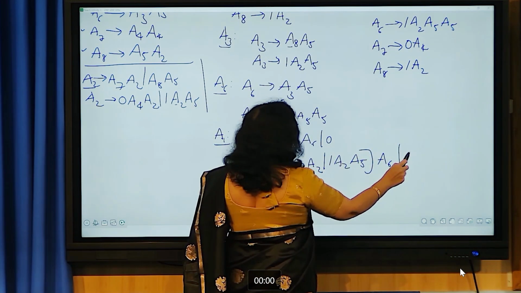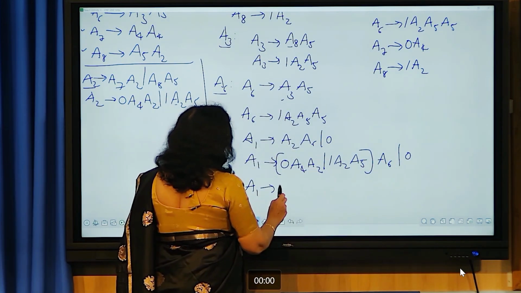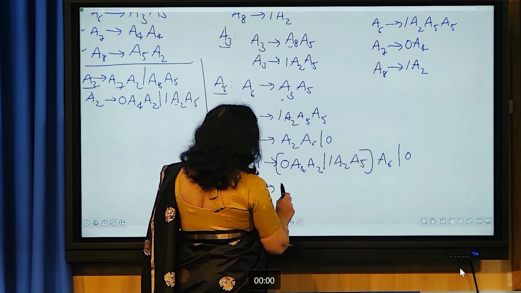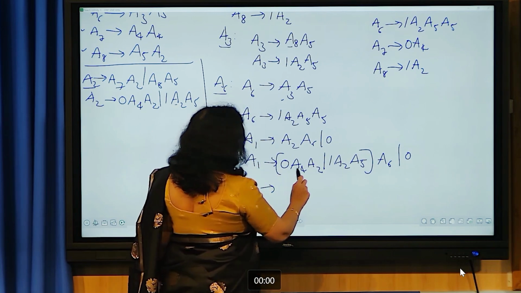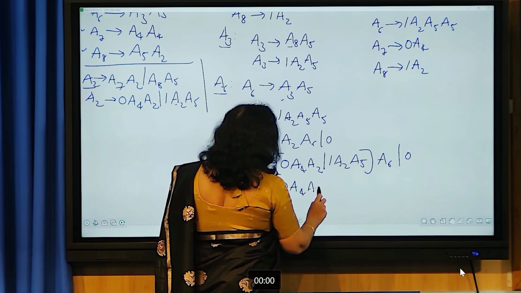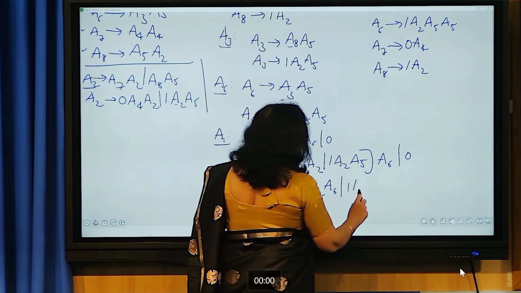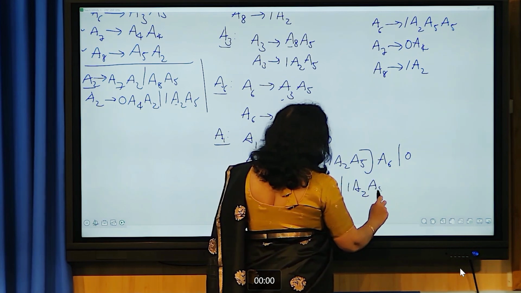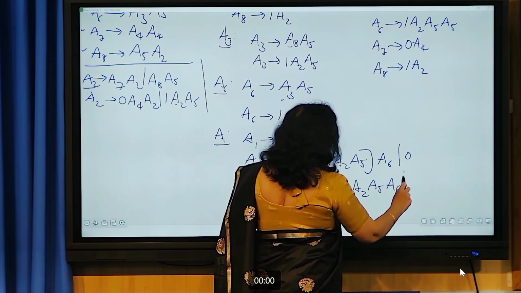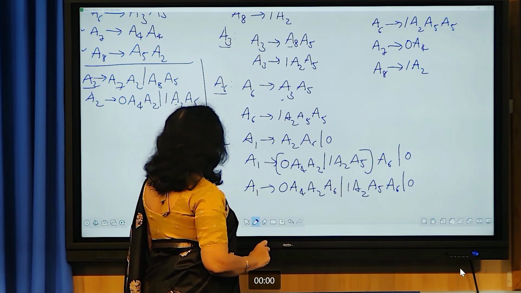So A1 produces 0, A4, A2, A6 or 1, A2, A5, A6 or 0. Now this A1 is in GNF.